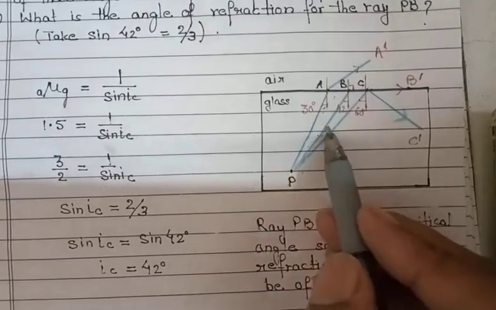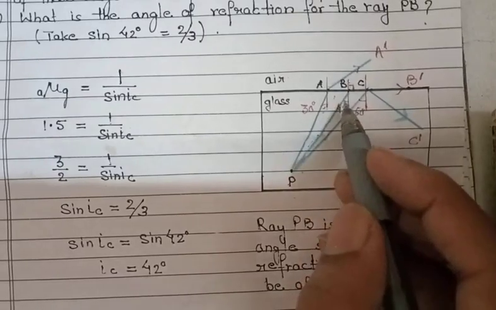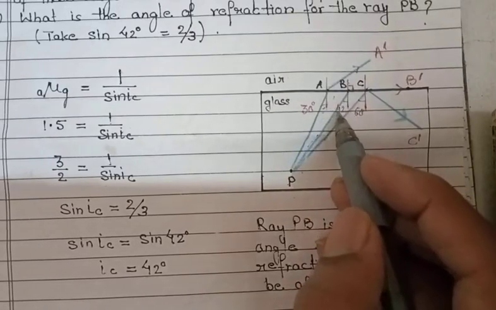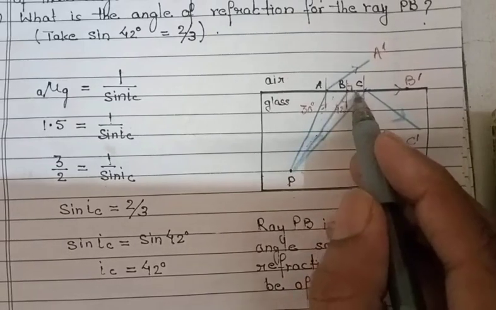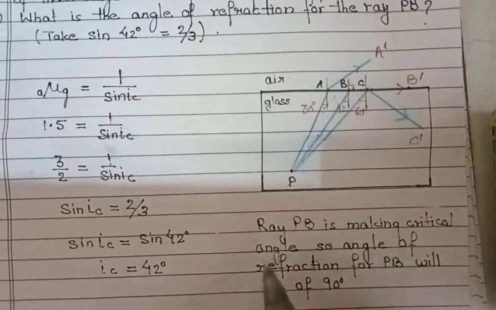You can see in the ray diagram here, this is the ray PB. This ray PB is making critical angle 42 and it is passing along the surface. So for it, angle of refraction is of 90 degrees.